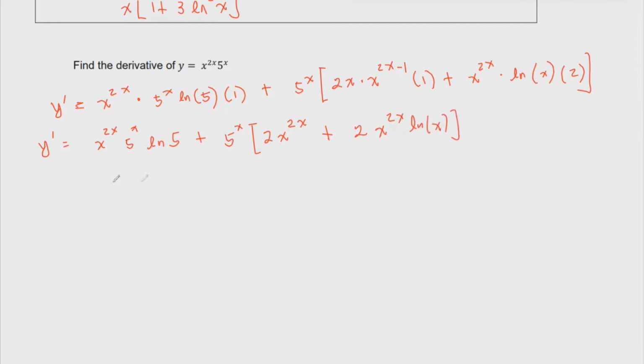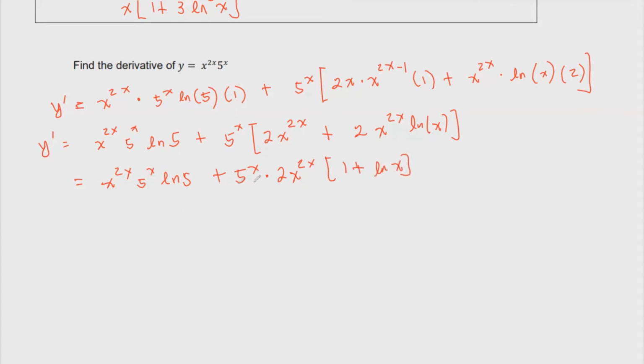Okay, so with this we can actually factor out the expression further. So 5 to the x, and then this can be factored out. In this case I'll be factoring out 2x to the 2x, and then we have 1 plus ln of x.